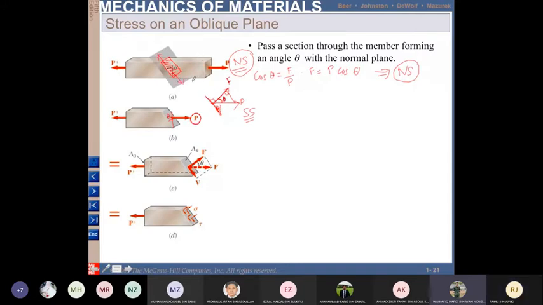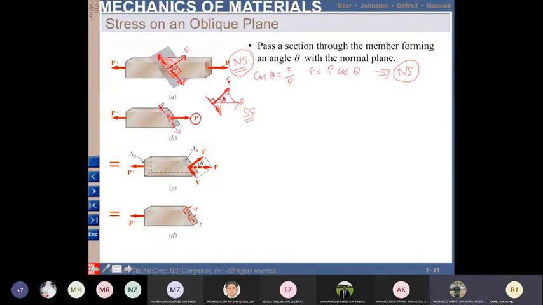If normal, the direction should be here, which is F, so it makes 90 degrees. If it is shear, the force should be in this direction, or this direction, or this direction.